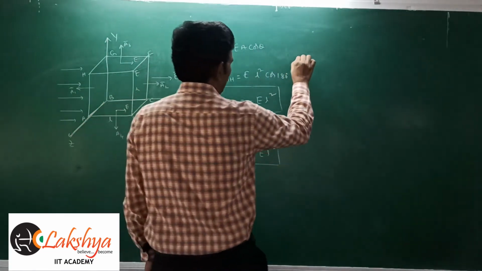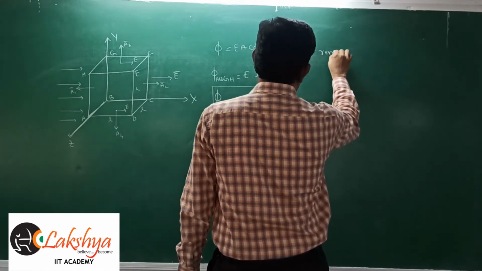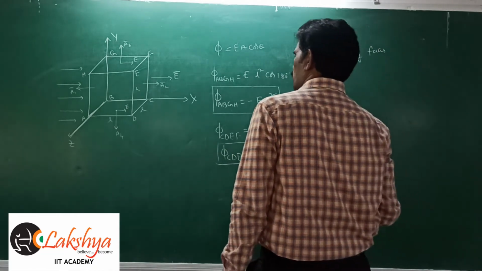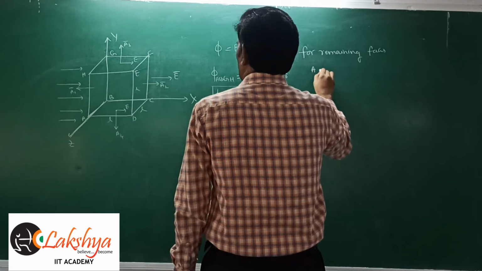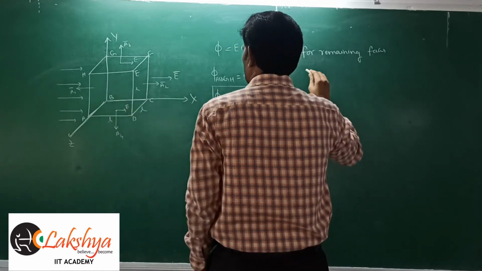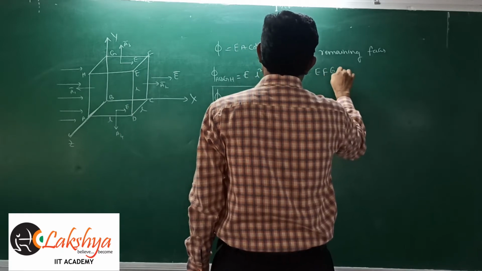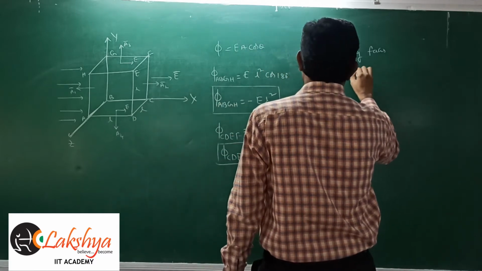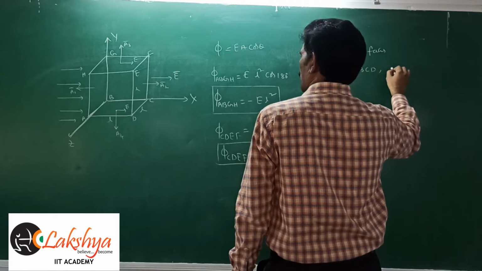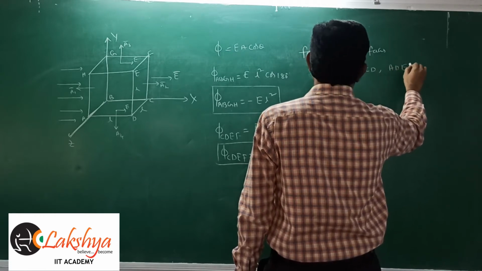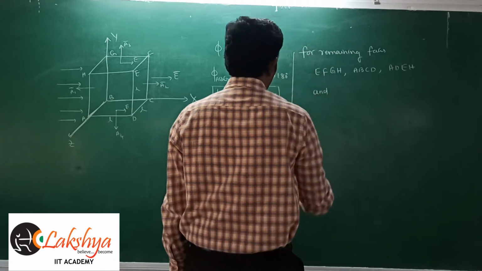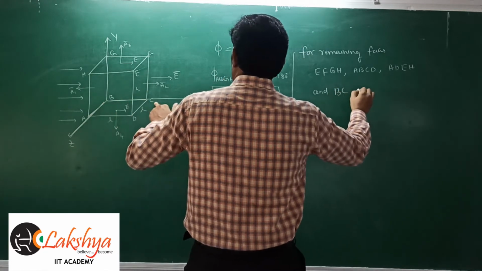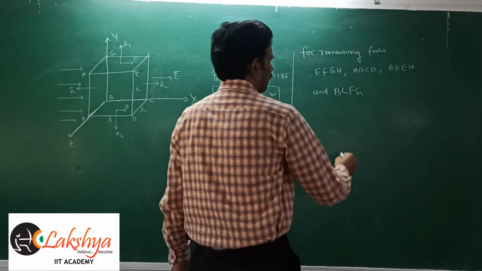Now I will write here, for the remaining faces, those are EFGH, that is A3, and the opposite face ABCD, then ADEH, and this back side face BCFG.